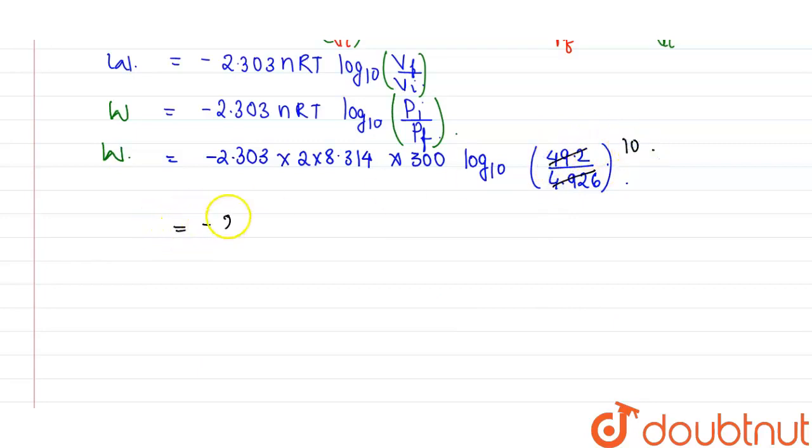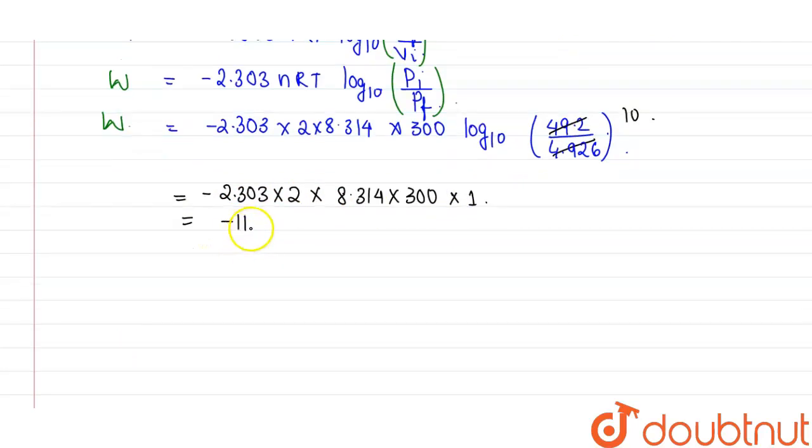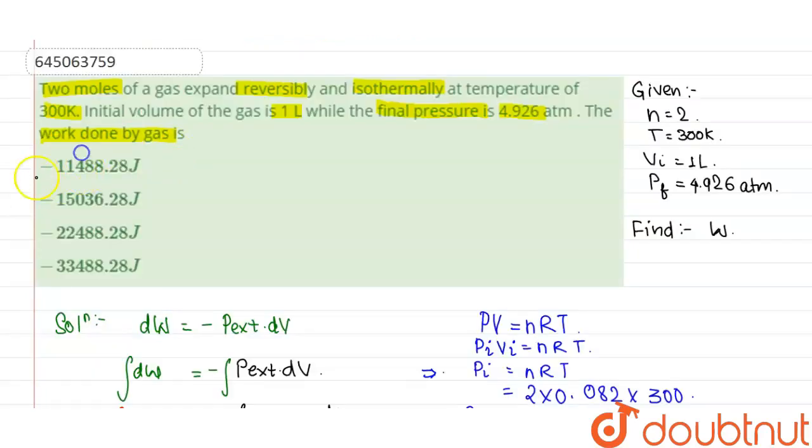So this will be equal to minus 2.303 times 2 times 8.314 times 300 times log 10, and log 10 to the base 10 is 1, so I have taken this approximate value. Now this value comes out to be minus 11,488.28 joules. So this is the work done by the gas, so it has a minus sign. The first option matches with the answer, so this is the correct answer.